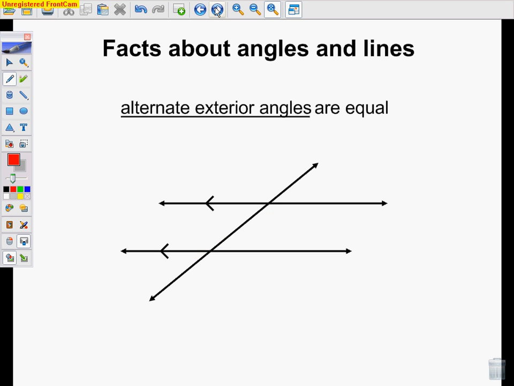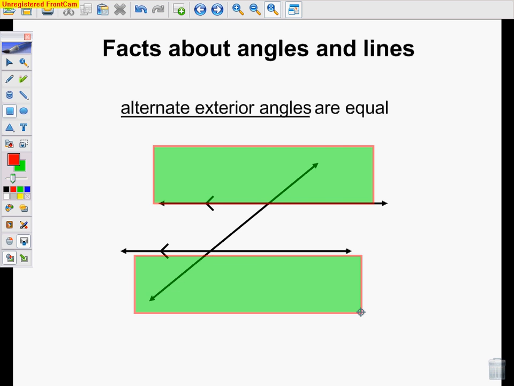All right. Also, alternate exterior angles have equal measure. Once again, they're going to be on opposite, alternate meaning opposite sides of the transversal, and that's our transversal. And they're going to be on the exterior of your two parallel lines. So the exterior of the two parallel lines, again, would be like up here. This would be the exterior, and this would be the exterior also.